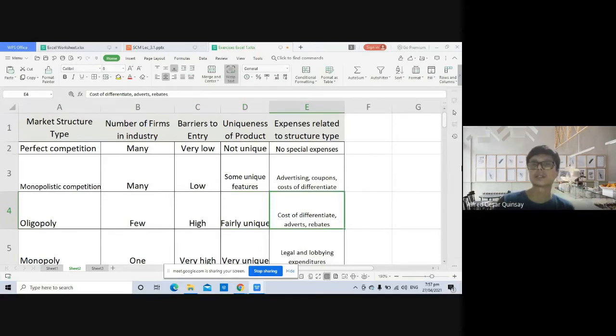So these are the expenses. Expenses related to structure type, cost of differentiation, advertisements and rebates. So you see they are high in advertisements. They just get a celebrity to promote their product.